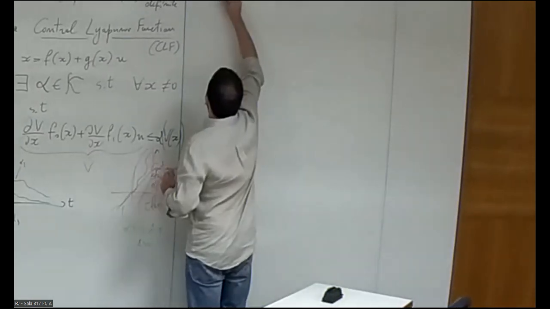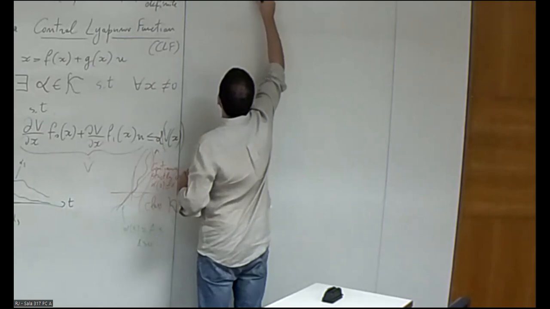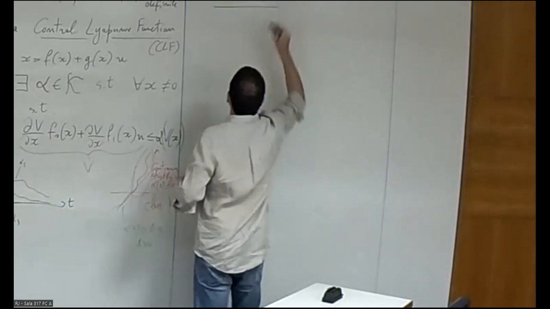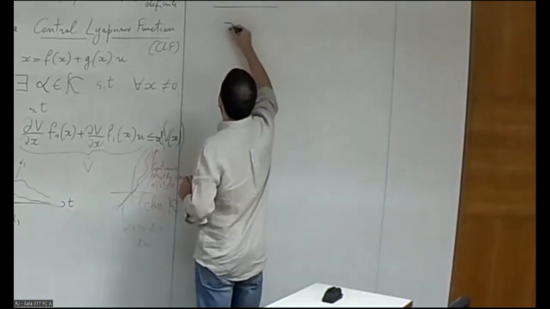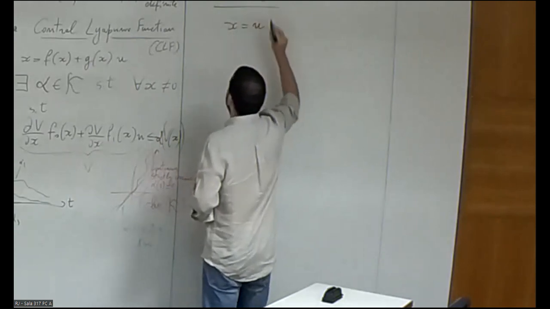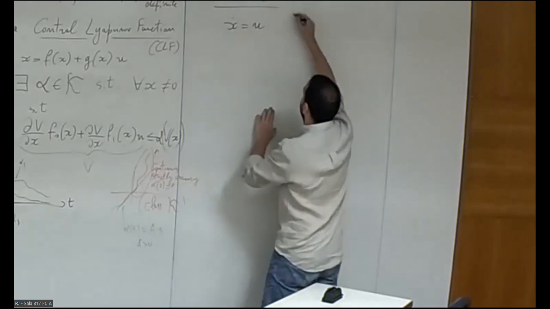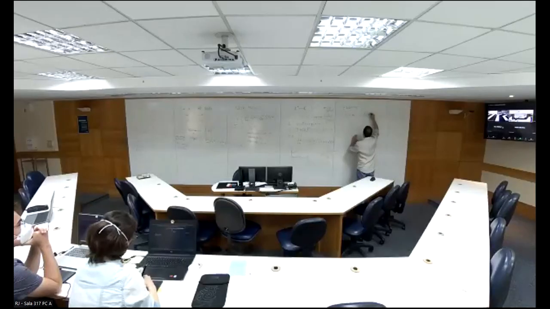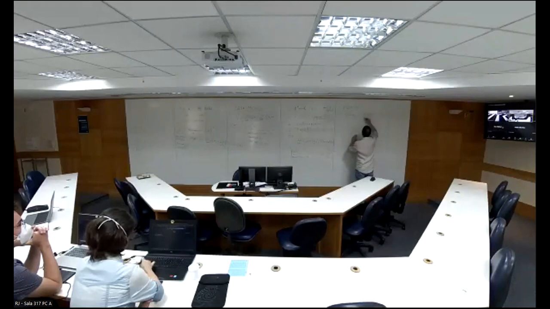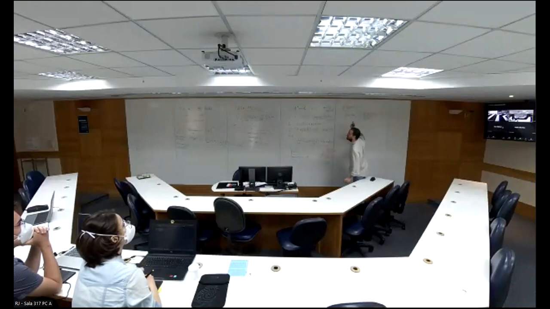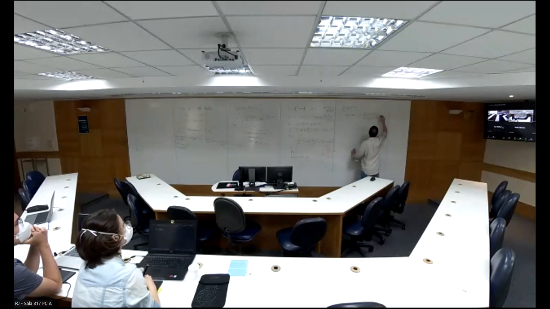The example we're going to solve is very simple. We have a system which is x dot equal to u. Control affine, right? f0 is identically equal to 0, f1 is identically equal to the identity matrix.